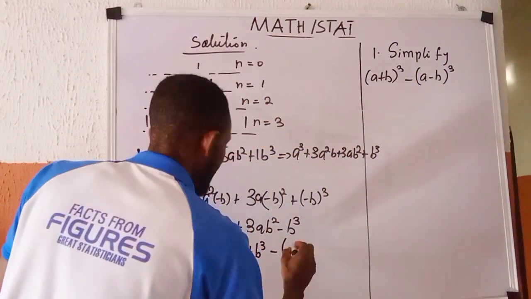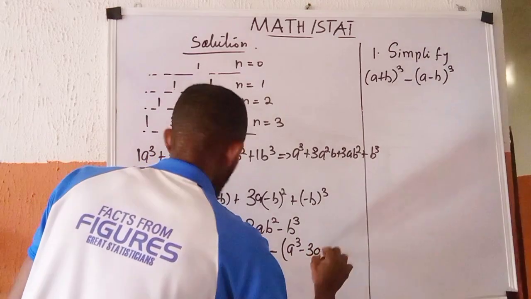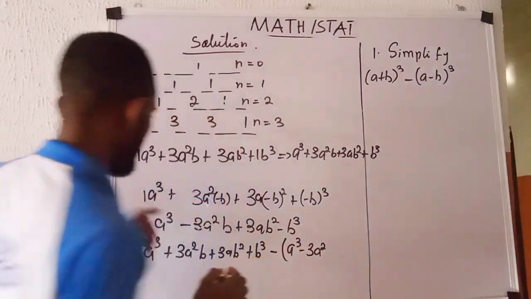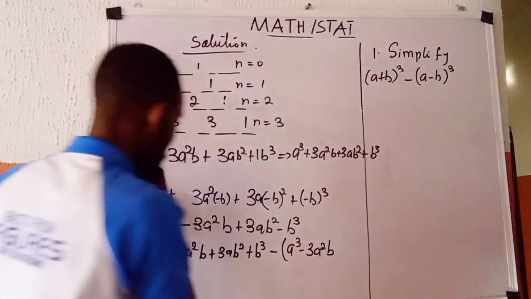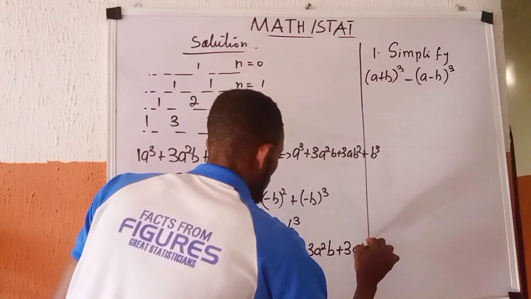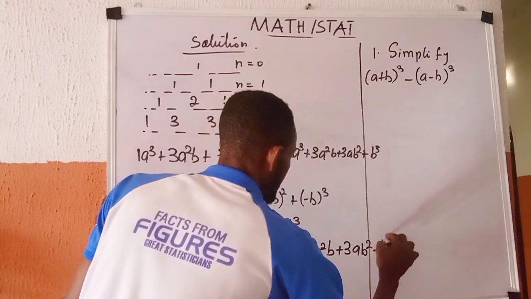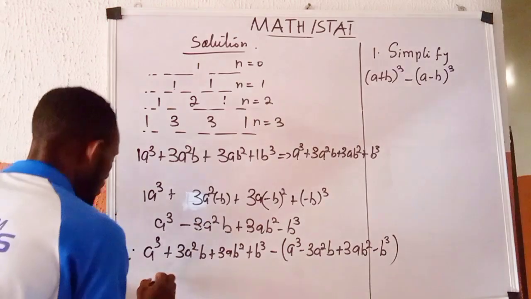So you open a bracket and write A raised to power 3 minus 3A squared B plus 3AB squared minus B raised to power 3. You close the brackets.